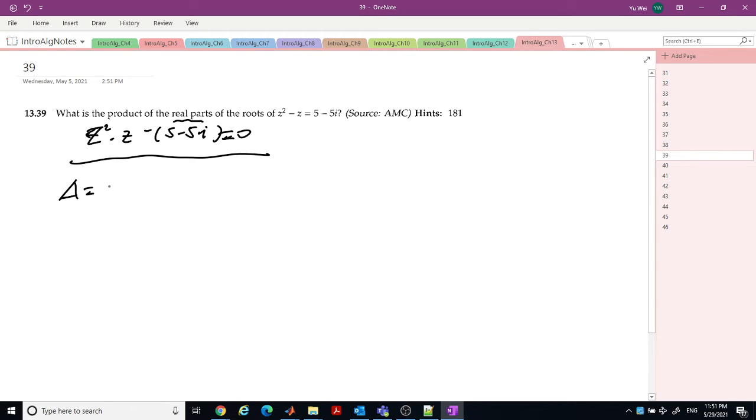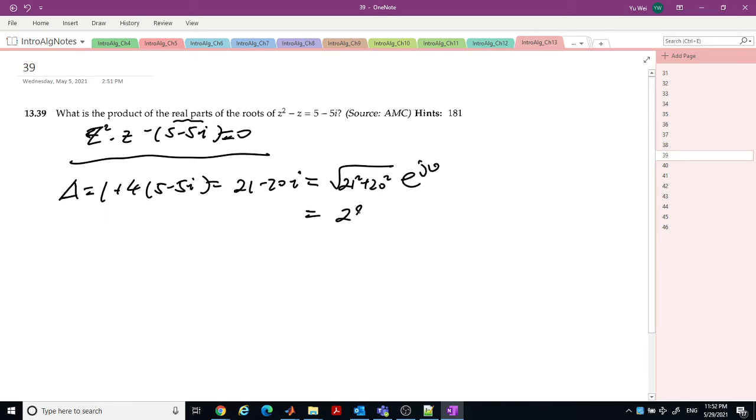So the delta is 1 plus 4 times (5 plus 5i), so it equals 21 plus 20i, so it is equal to the root of 21 squared plus 20 squared, which is 29 cosine theta plus i 29 sine theta.